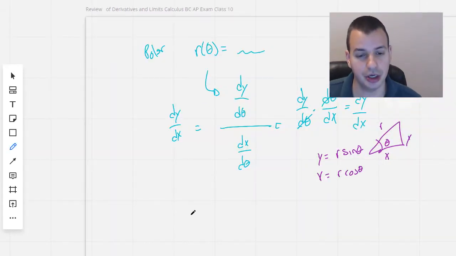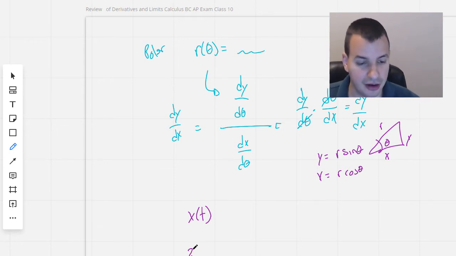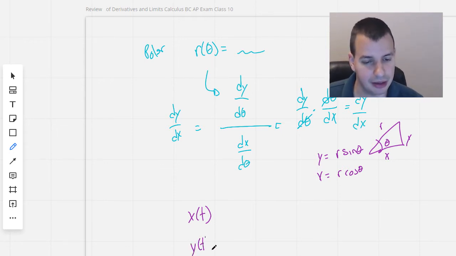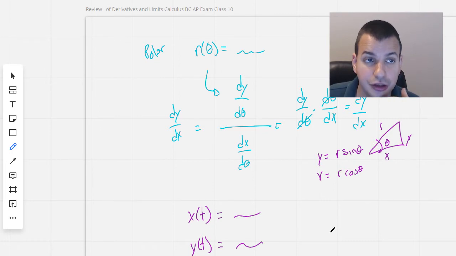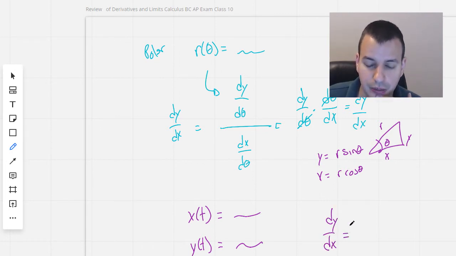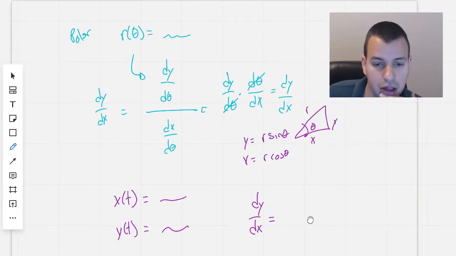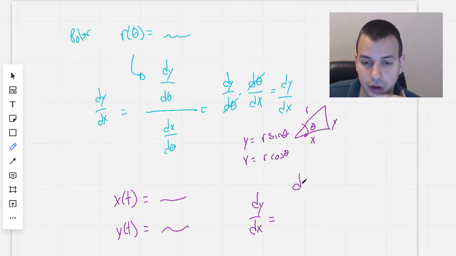Now parametric equations is you have some sort of x of t, mostly, and you have some sort of y of t. You could have z of t, but mostly probably y of t. And you have some function here, some function here, and you're trying to find dy dx. Well, the easiest way to normally do that would be the same as above, where you do dy dt divided by dx dt.